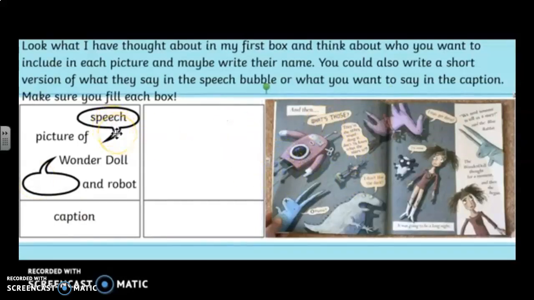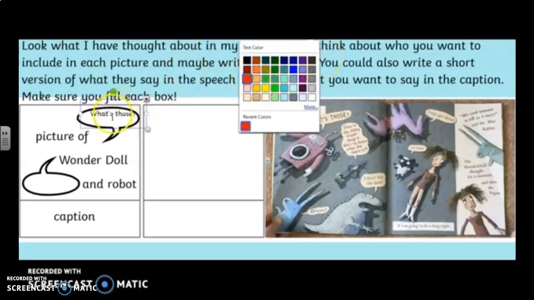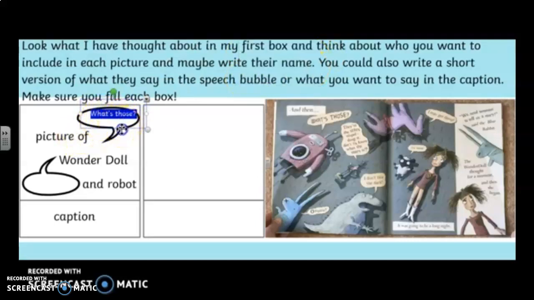So for example, I know that the robot says, "What's those?" So in my speech bubble from the robot, I would have, "What's those?" Okay, so he will say, "What's those?" Now on here, Wonder Doll doesn't actually say anything, but I'm going to have it so Wonder Doll says, "I'm not sure."